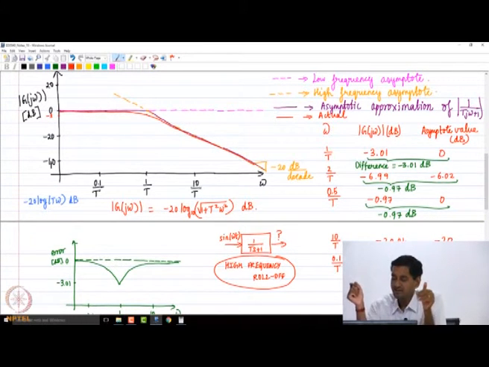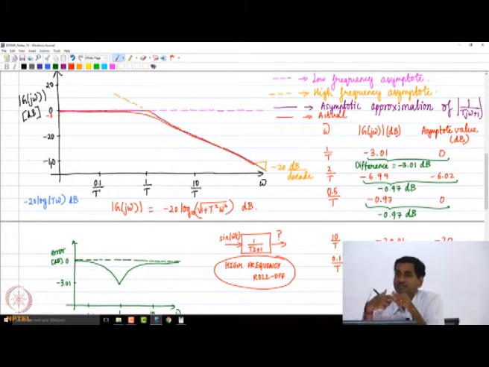So you see that as frequency increases, I'm going to have lower and lower magnitude. What is going to happen if I give a sinusoidal input whose frequency is, let's say, 10 by capital T? The magnitude is going to be scaled by minus 20 decibels.